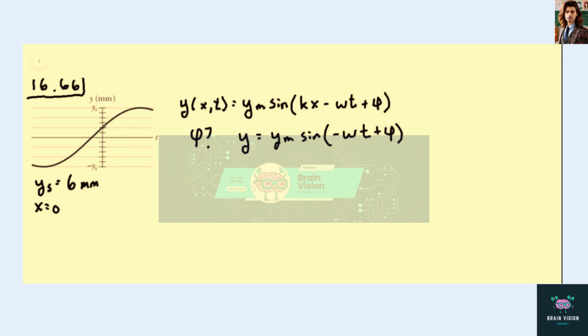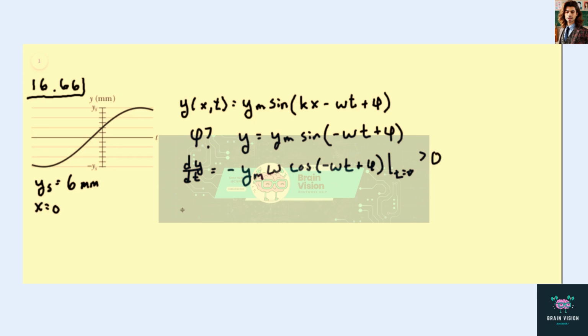So the slope here is positive, which means that the derivative is positive, of course, evaluated at t equals 0, is greater than 0.